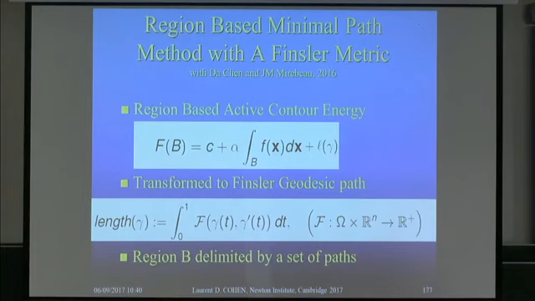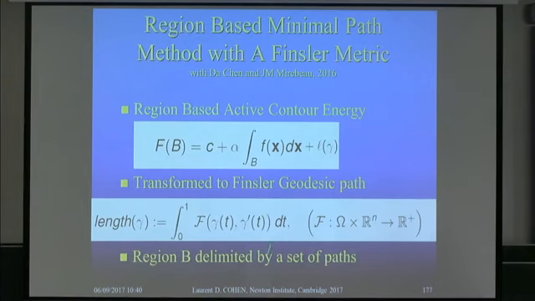So you can always express this as the integral inside the region of feature potential. So this is a region term, and so the idea here is to transform this region term into a Finsler geodesic path. So to transform this region-based energy into a curve-based energy.